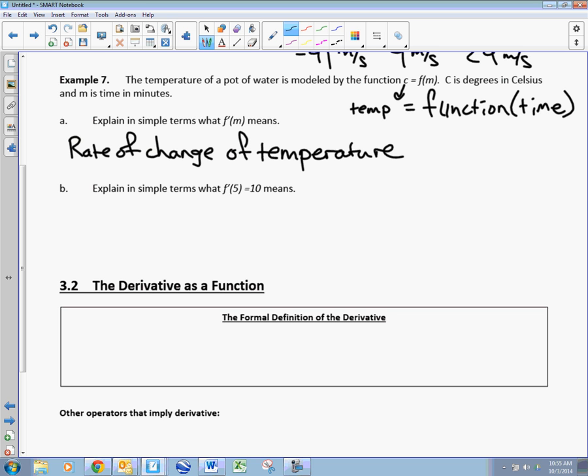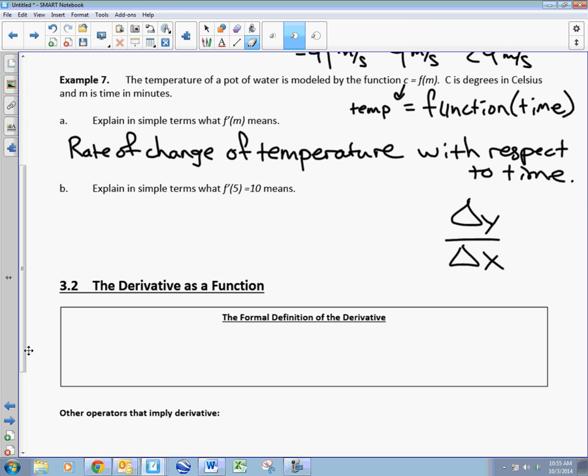Now remember, when we first talked about this, we talked about delta y over delta x, the change in y with respect to x. So this is the change in temperature with respect to what else is changing, with respect to time. Does that make sense?